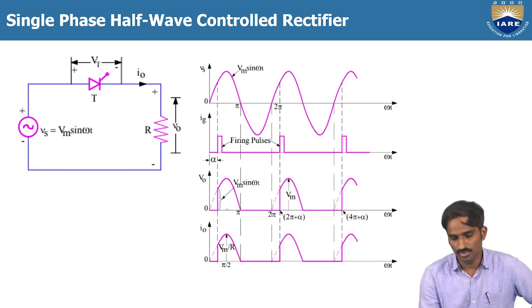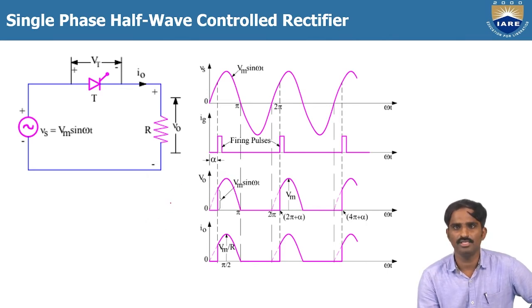Then here the commutation used is line commutation, also called natural commutation, because of the nature of the AC voltage. Up to pi degrees it is the positive cycle, and from pi to 2 pi it is a negative cycle, which means automatically after pi the voltage across the thyristor becomes reverse biased, so the thyristor stops conducting.